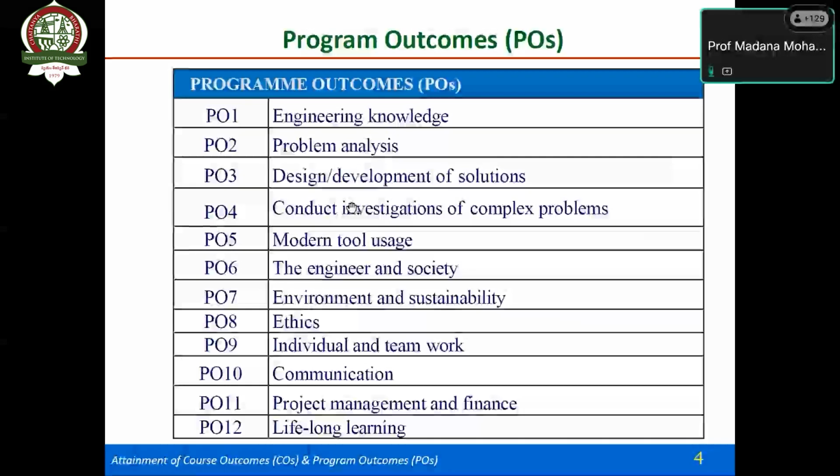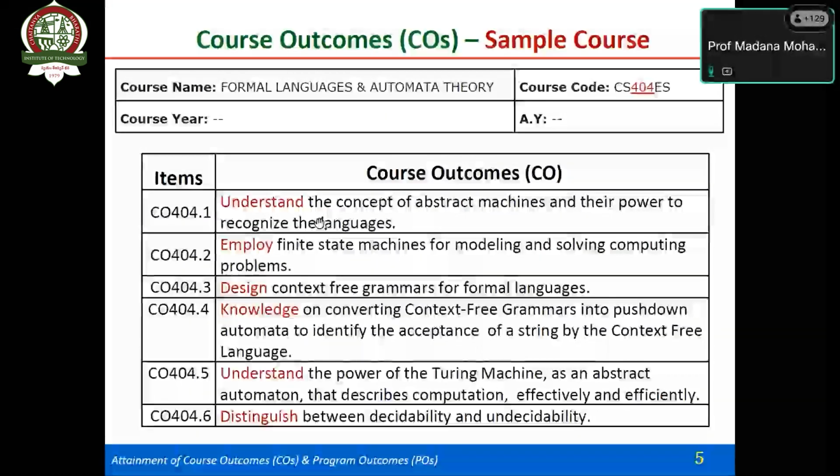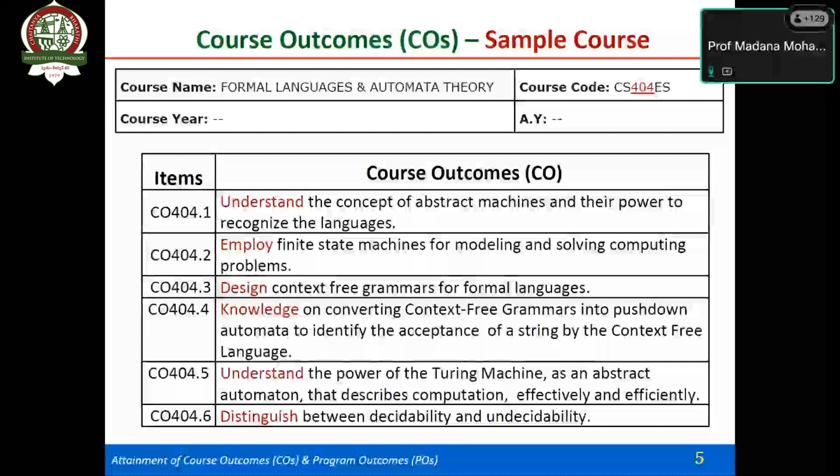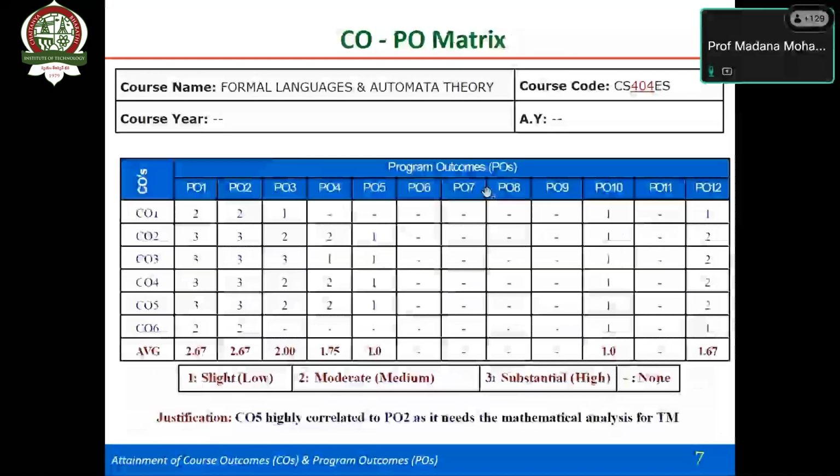Here, not 100% engineering or mathematical knowledge, only to some extent, but not too low either. Moderately, medium level mathematical concepts are required to understand this CO. That's why we have given the level as 2. Similarly, some medium level mathematical knowledge is required for the analysis, problem analysis, PO2. That's why for this also the level is 2.